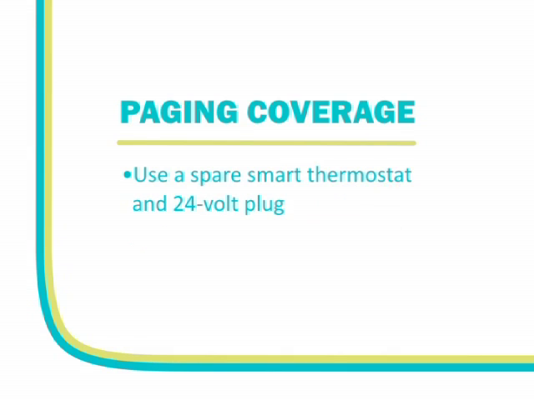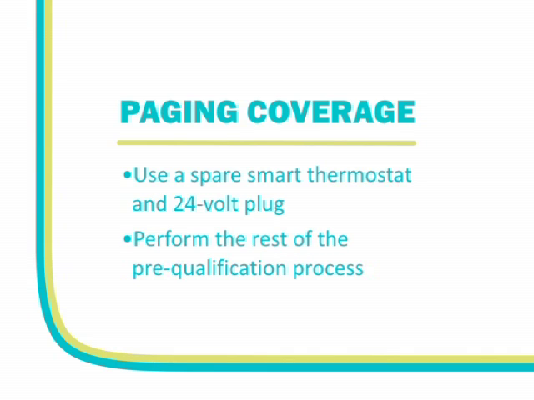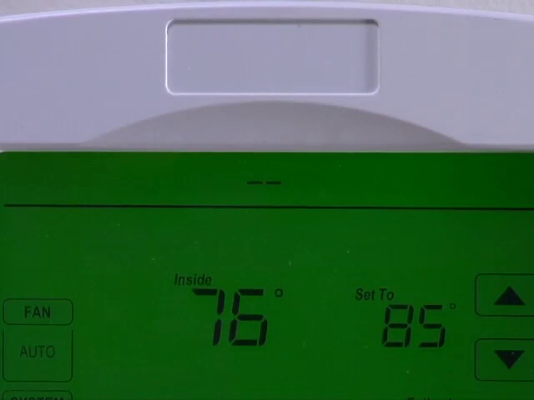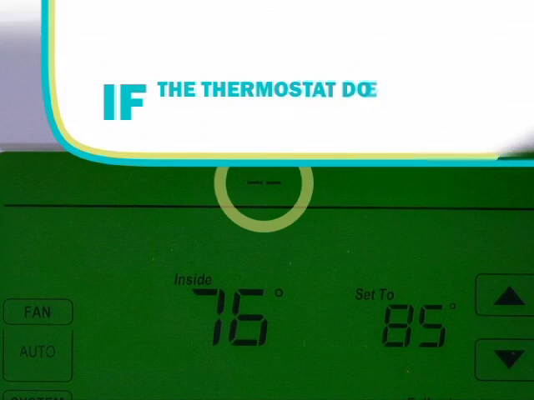Use a spare smart thermostat and energize it with a 24-volt plug while standing adjacent to the customer's existing thermostat. Perform the rest of the pre-qualification process while the smart thermostat attempts to verify the paging signal. If the smart thermostat does not display two dashes, the smart thermostat is not receiving a paging signal. In this case, the smart thermostat should not be installed.